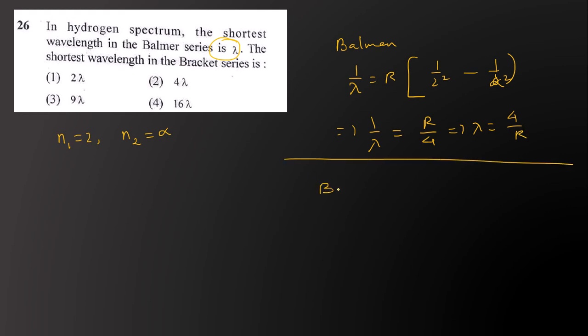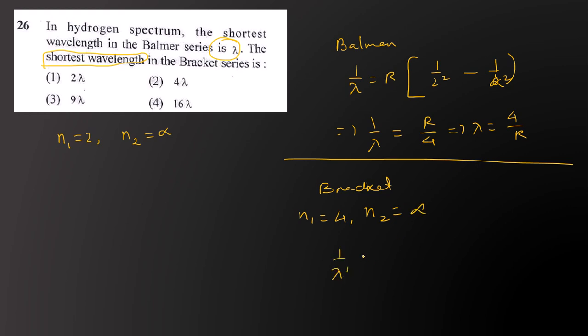Next, we have to calculate for Brackett series. For Brackett, N1 should be equal to 4, and again we have to calculate the shortest wavelength. Shortest wavelength means that energy should be highest, therefore it should jump from infinity.